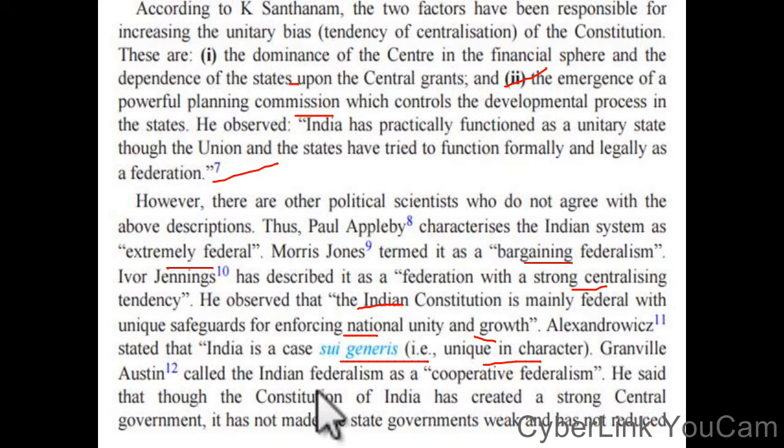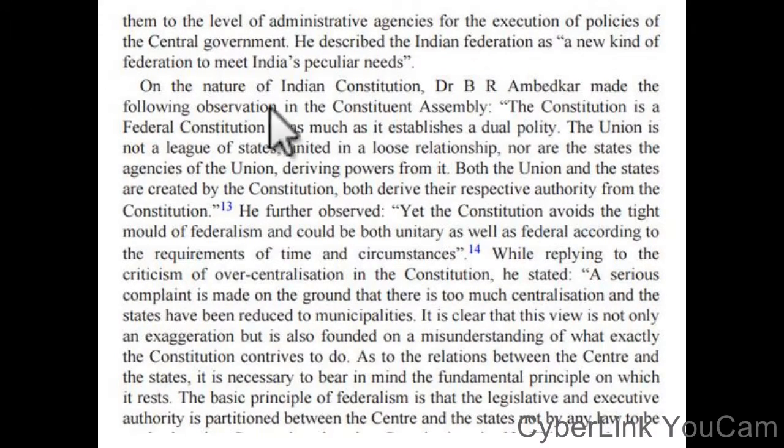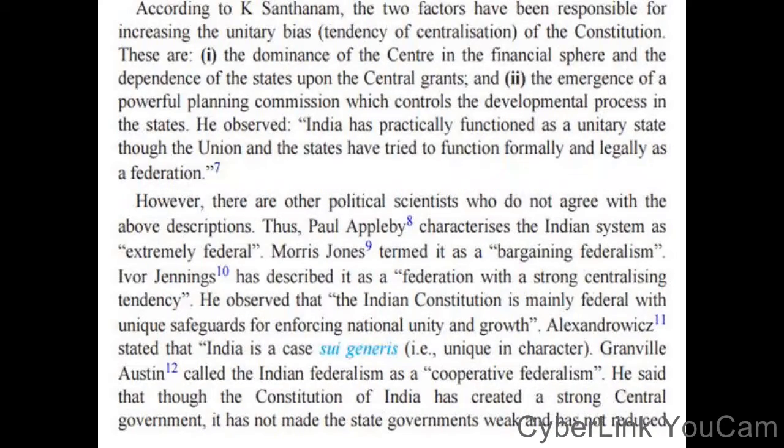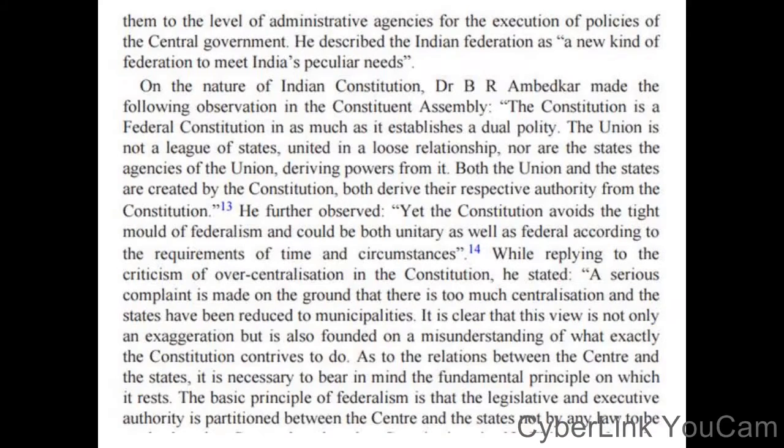Granville Austin calls the Indian federation a cooperative federalism. He said that though the Constitution of India has created a strong central government, it has not made the state governments weak. State governments have not been reduced to the level of administrative agencies for the execution of policies of the central government.